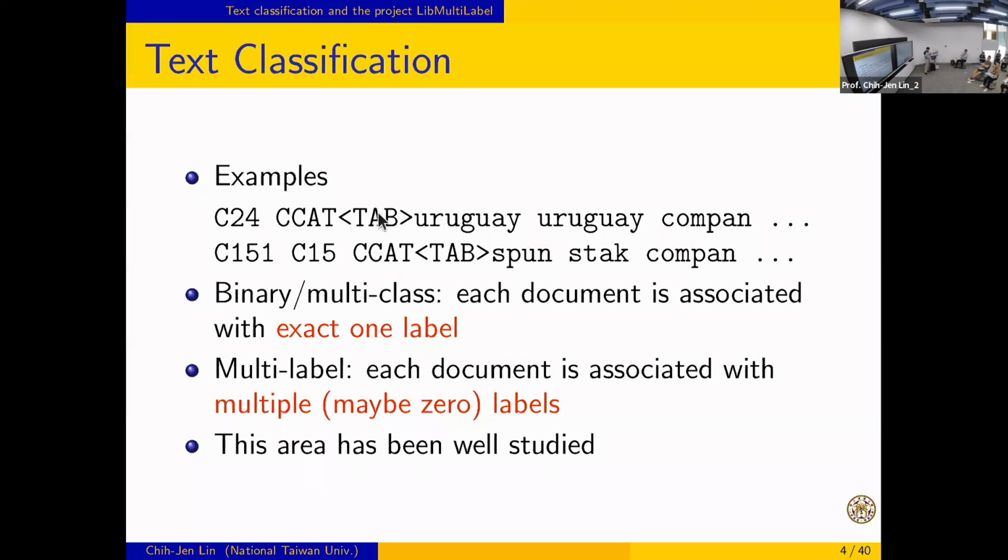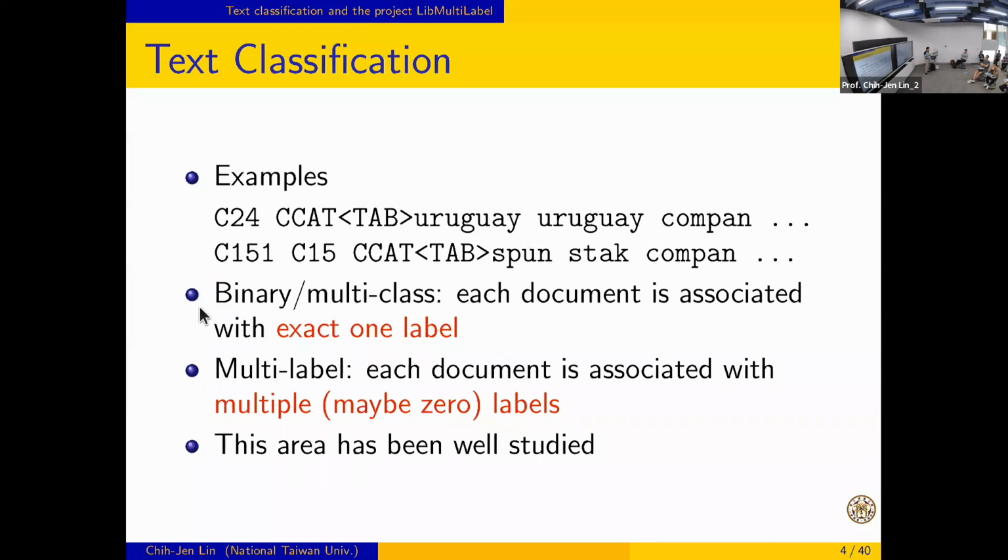I have a tab to separate the two parts. The first part means the labels of the document. The second part includes a sequence of words about the document. So typically, such a line corresponds to one data instance for document classification.